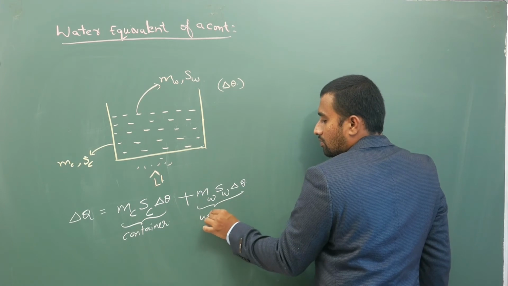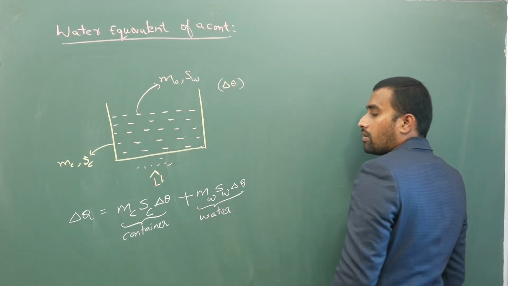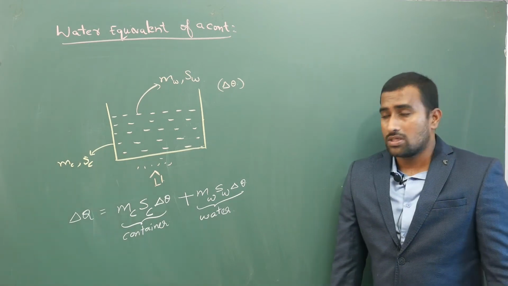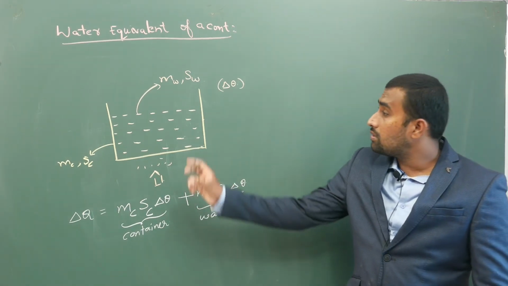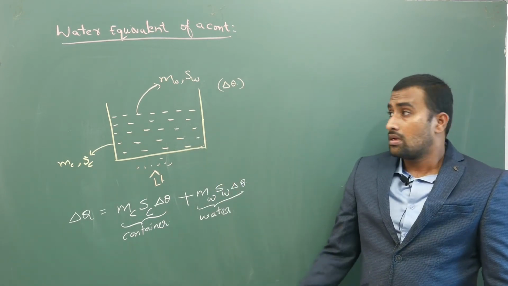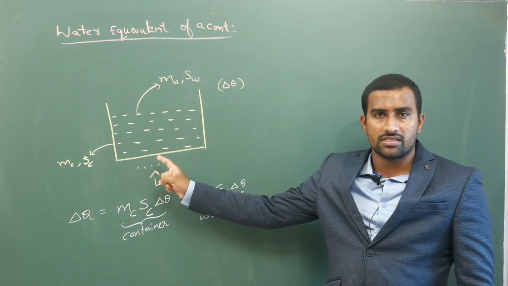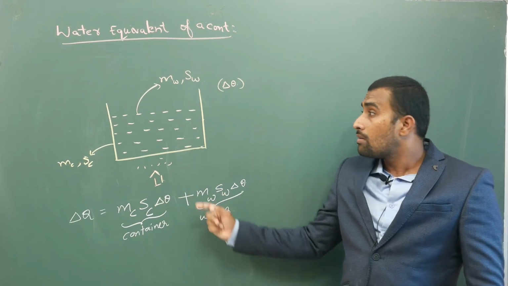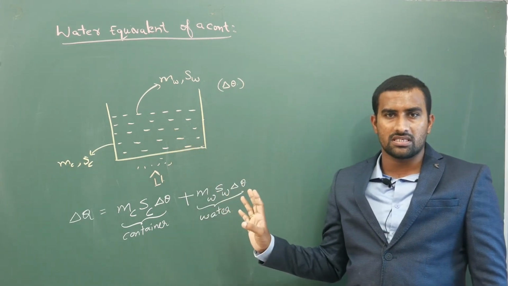Plus water will also take heat, so mass of water into specific heat of water into delta theta. This is for water. Now observe very carefully. Your system is the same, and you are bringing about the same temperature difference, delta theta, for both.